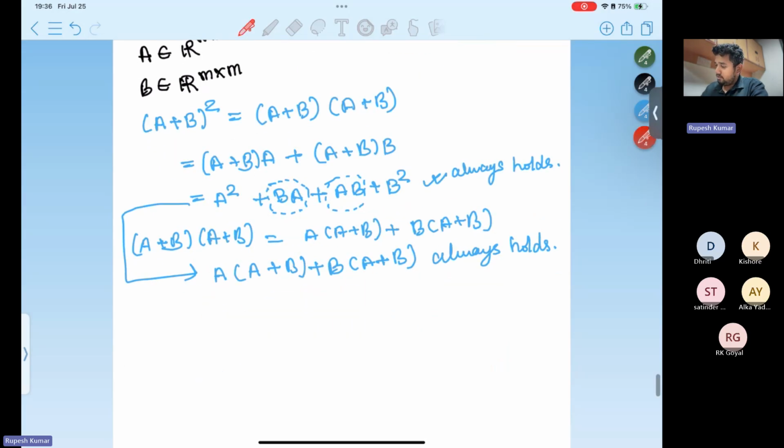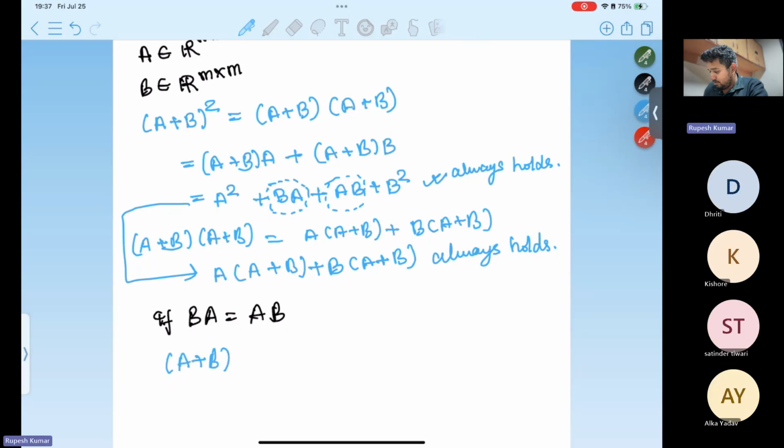So we can always say this, right? If BA equals AB, we can always say A plus B whole square equals A square plus 2AB plus B square, right? We can always get to this if and only if this condition is true.